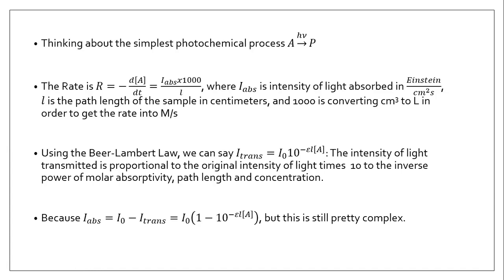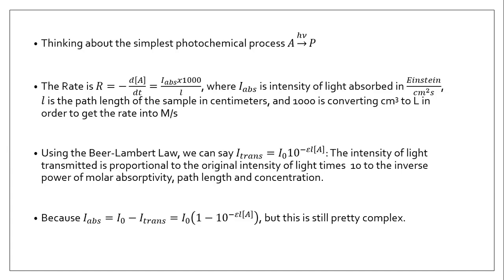L is the path length in centimeters, and 1,000 is what we use to convert from centimeters cubed to liters. So we get essentially a term of molarity per second, the same reaction rate that we would use anyway.